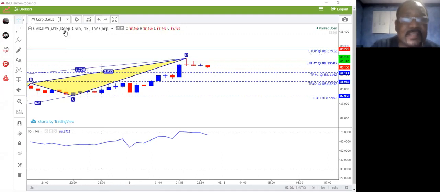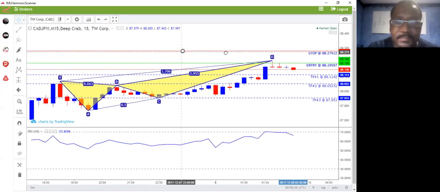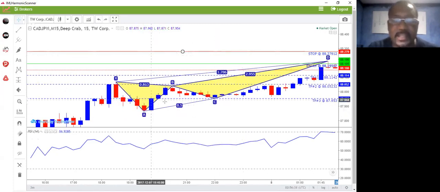The next here is called a deep crab. So what the harmonic scanner does is it scans the market, and it analyzes different algorithms and measurements of patterns that it sees going through the market. Each of these patterns that you see, there's different ones.